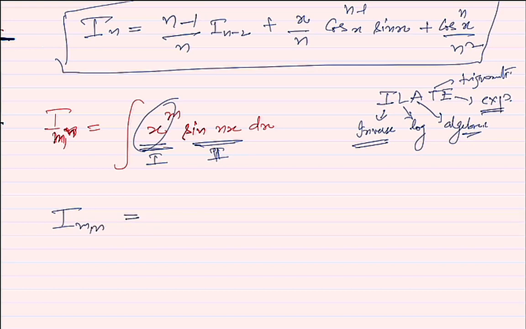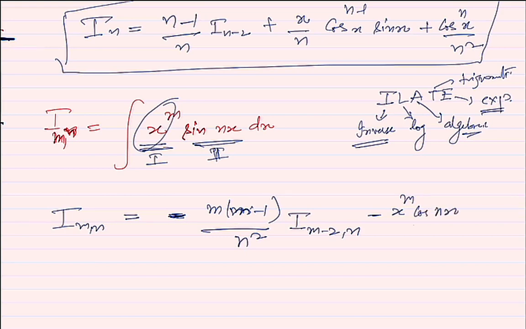What will you get here? Imn will be minus x raised to power m cos nx upon n, plus m upon n square x raised to power m minus 1 sin nx, minus m into m minus 1 upon n square I m minus 2 comma n. So n is as it is, only the index m is decreasing here.